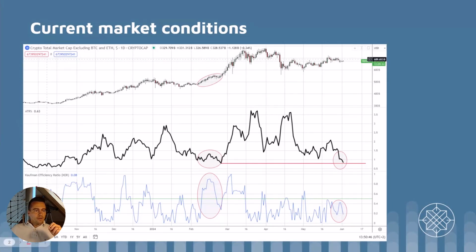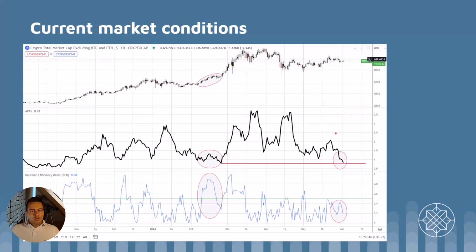And Kaufman efficiency ratio or KER is telling us how the market is trending, which basically means that if the market is moving like this, KER is above 0.5, even close to 1. And if it is going sideways, the KER is below 0.5, which is basically telling us that there is no trend in the market.